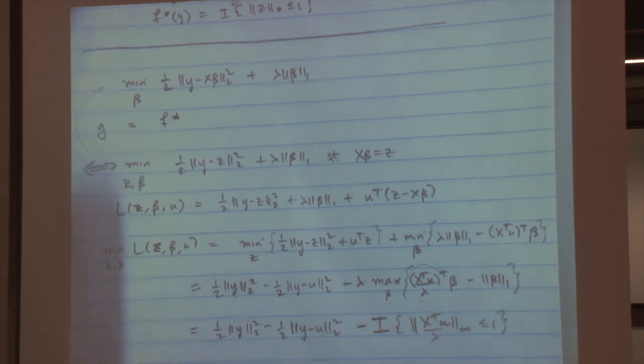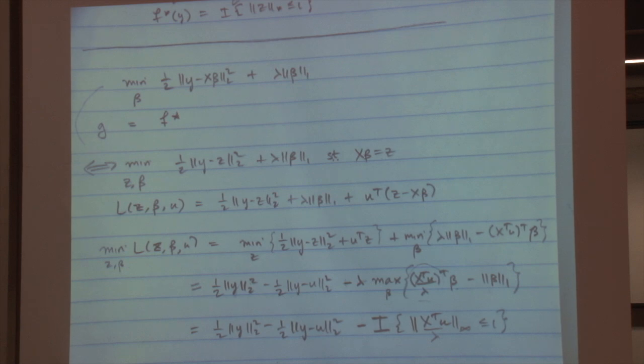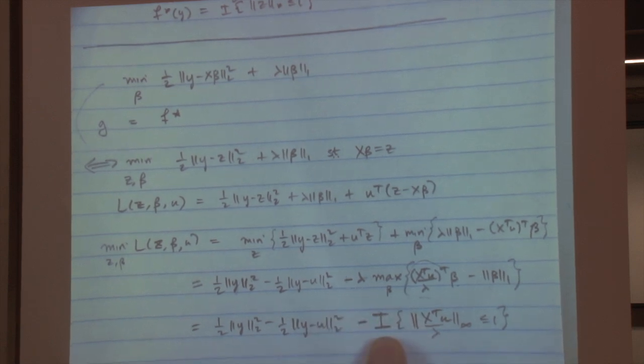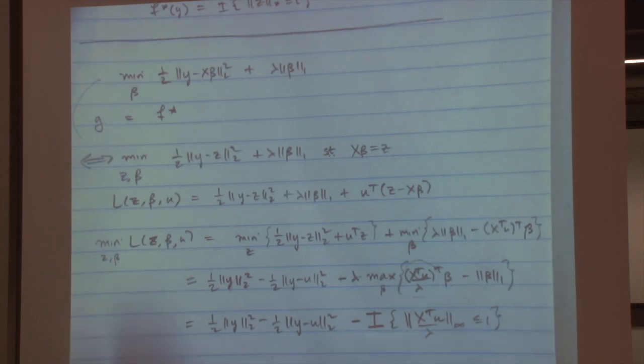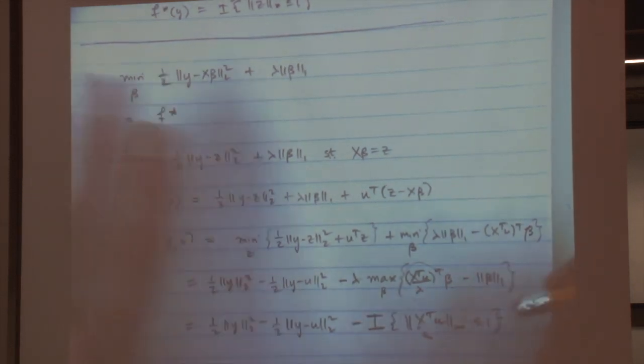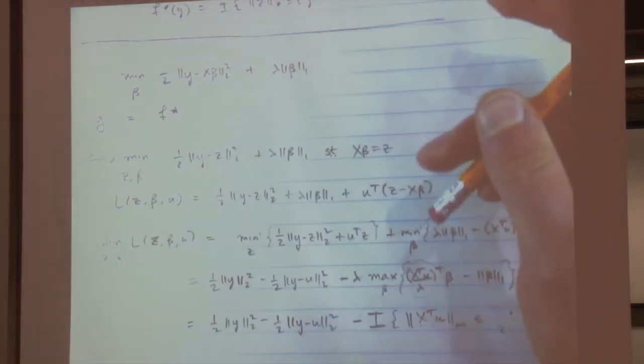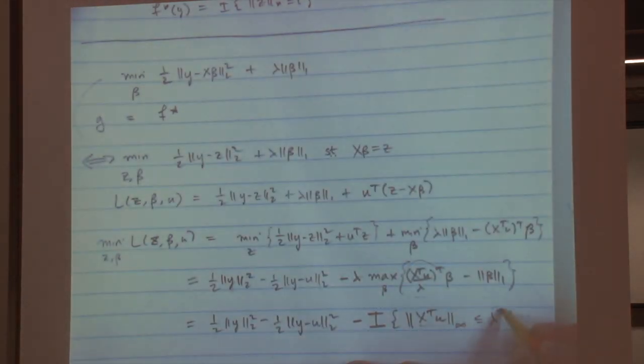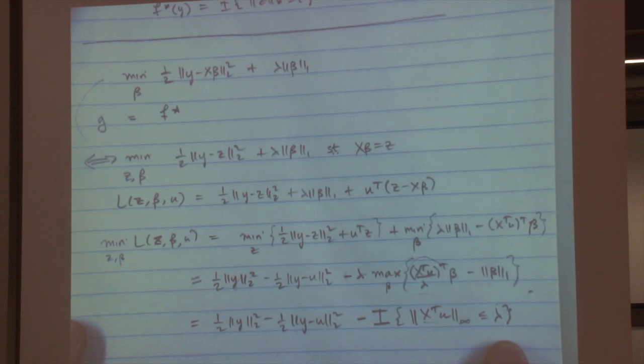The conjugate of the 1 norm is the indicator that its dual norm is less than or equal to 1. And I got rid of the lambda because this is either going to be 0 or infinity, so it doesn't matter that I was multiplying it by lambda. And for the sake of rearranging, I'll multiply through by lambda and say this is the indicator that x transpose u in infinity norm is less than or equal to lambda. So this is g of u.